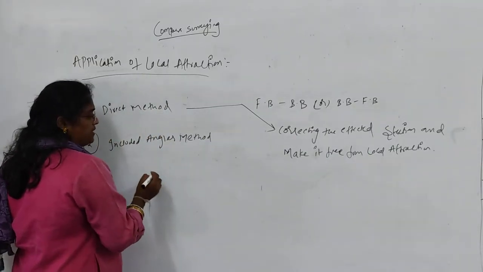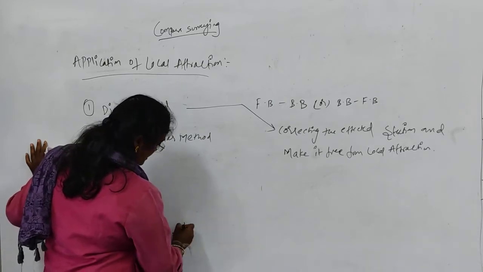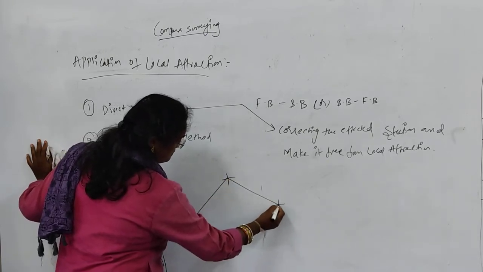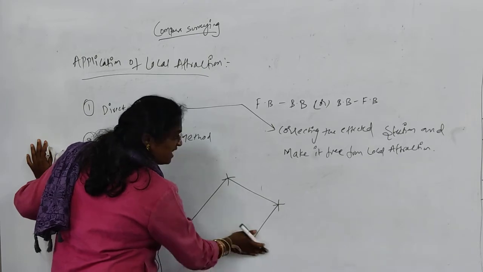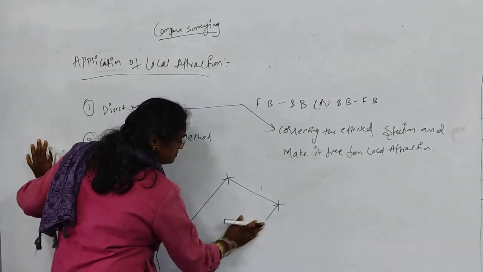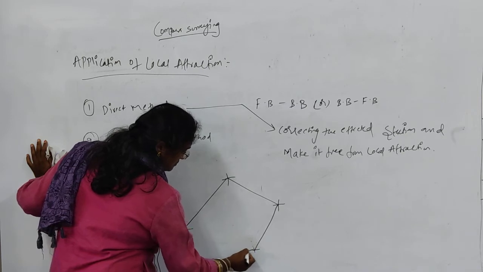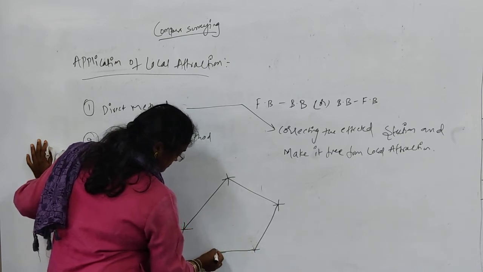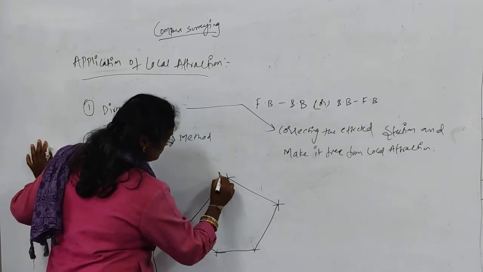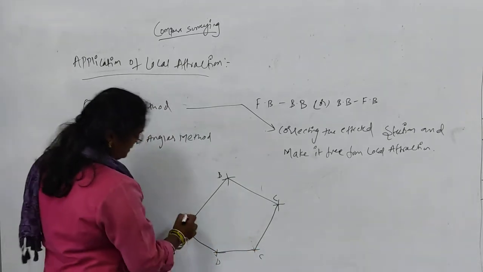In the included angles method, how do we follow? Here it is station A. A, B, C, D. I have plotted the pentagon here.